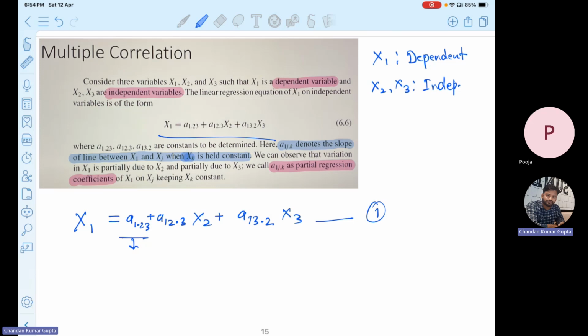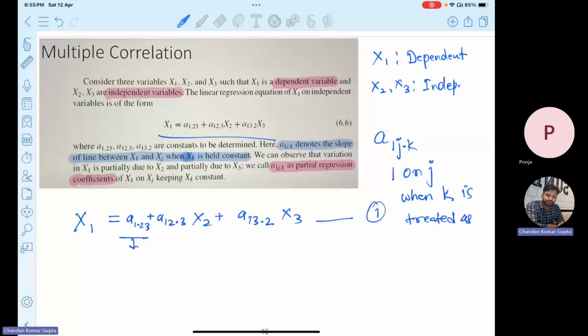So a_1j.k is a partial regression coefficient of 1, because 1 is the dependent variable, a partial regression coefficient of 1 on j when k is treated as constant.